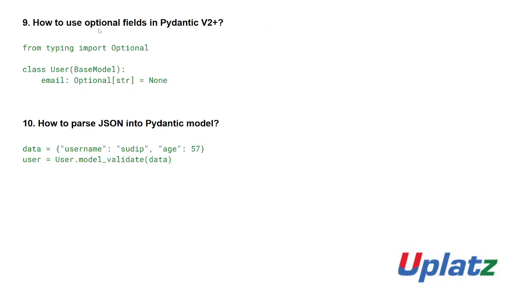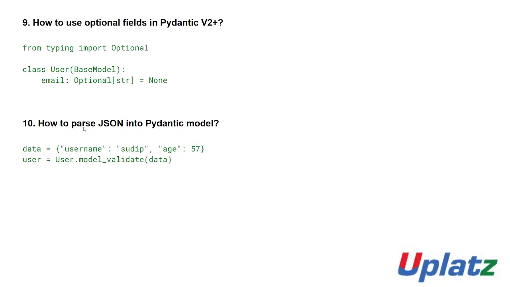How to use optional fields in Pydantic version 2 plus. From typing import Optional. class User, where the parent class is BaseModel: email, which is Optional of type string, and default value is None. So it can be a string, otherwise it can be None.